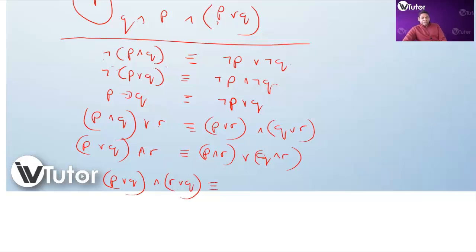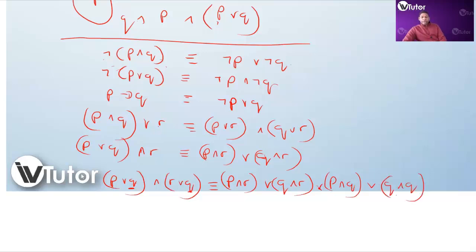This would be equivalent to saying P and R, or Q and R, or we're now dealing with Q, we've got Q and R. We can have P and Q, or Q and Q, like that.